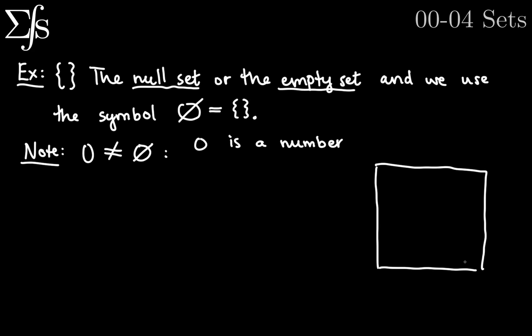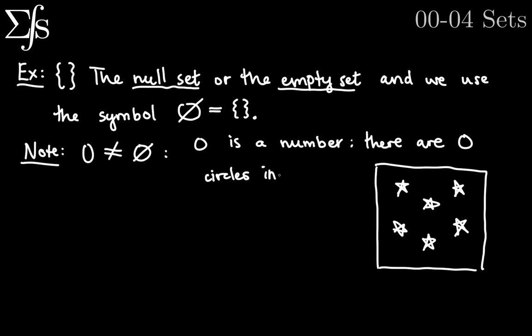All right, so this is a picture. It's got, I don't know, 1, 2, 3, 4, 5, 6 stars in the picture. So there are 0 circles in the picture, right? There's only these stars. There are no circles.